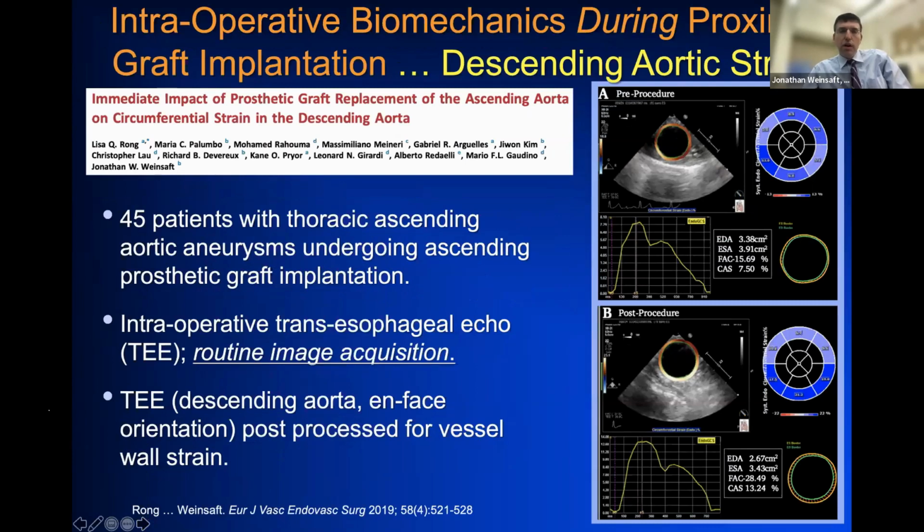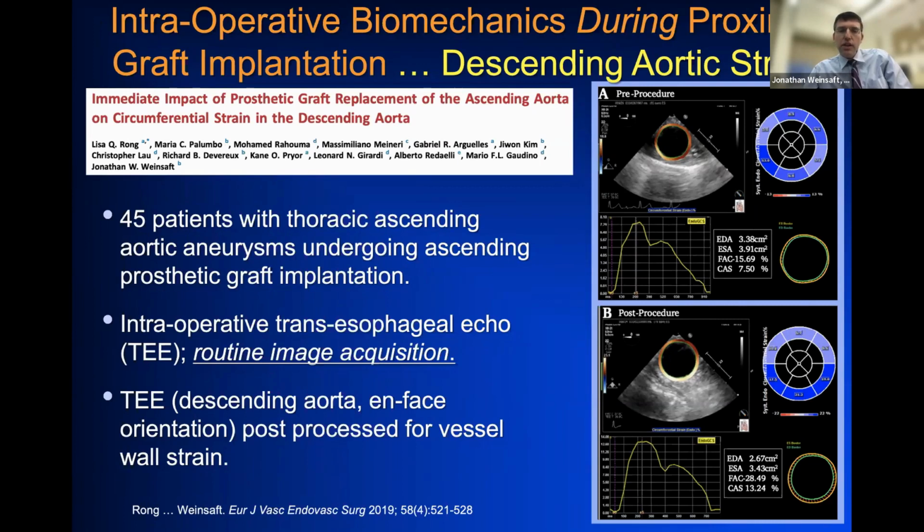Extending on that notion, our group has looked at the concept that intrinsic differences in vessel wall stiffness can also be discerned not only at baseline, but also with regard to post-procedural changes and post-graft variability after implantation of proximal aortic grafts. In this study, we looked at 45 patients with thoracic ascending aortic aneurysms undergoing prosthetic graft implantation of the proximal aorta, meaning root or ascending aorta.